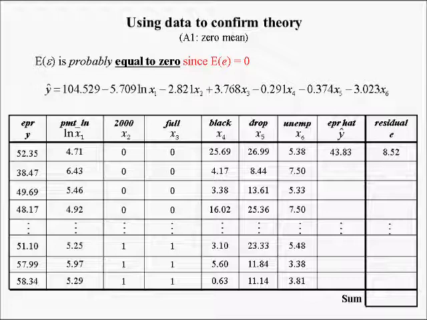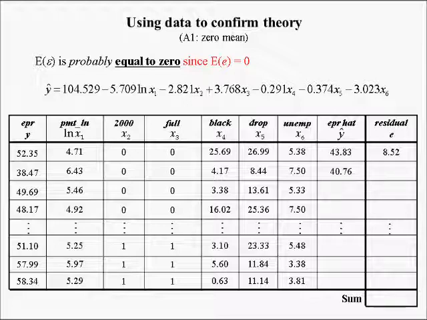Hence we have a residual. The residual is 8.52, because the observed value minus what we predict is 8.52. So our model underpredicts what we observe.